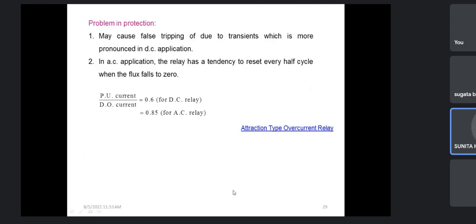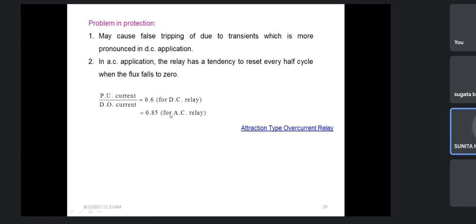Then what is the problem in this type of relay? It causes false tripping due to transient. You know, when there is a current, depending on where the fault has happened, there will be a transient. At zero crossing with voltage, the transient is of highest value, so current will be huge, so it will operate very instantaneously.